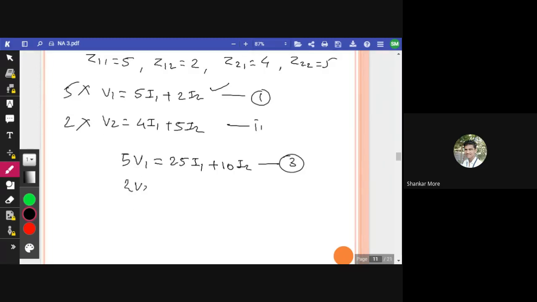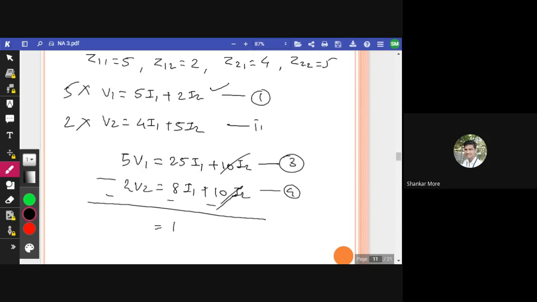So 2V2 is equal to 8I1 plus 10I2. This is my fourth equation. I'll simply subtract them. Sign change. 10I2 and 10I2 get cancelled. 25I1 minus 8I1 is equal to 17I1, I guess. Is it? And it will be 5V1 minus 2V2.